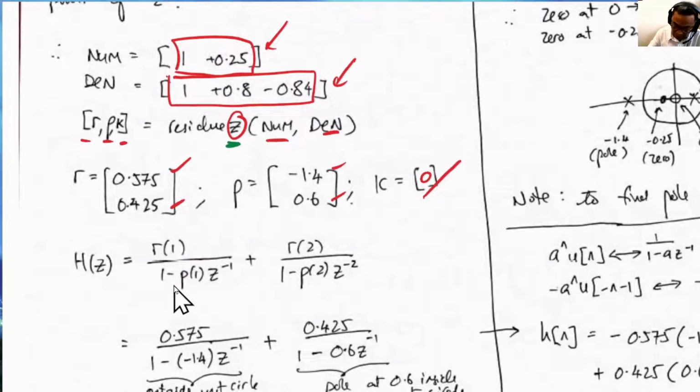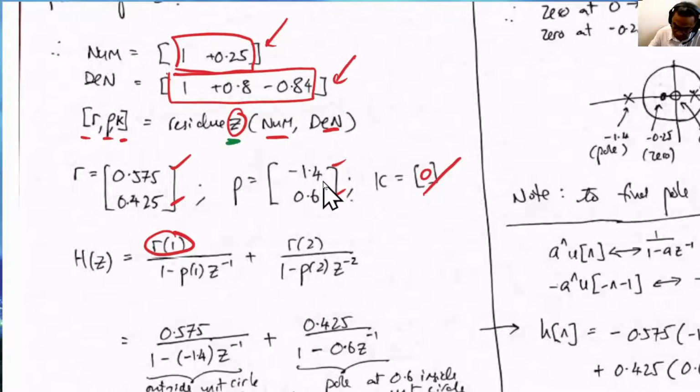So remember, when you use rpk, the first r goes to here, so 0.575. The first p goes to here, 1 minus 0.425 z to the minus 1. The second r is 0.425, goes to here, and the other p is 0.6.